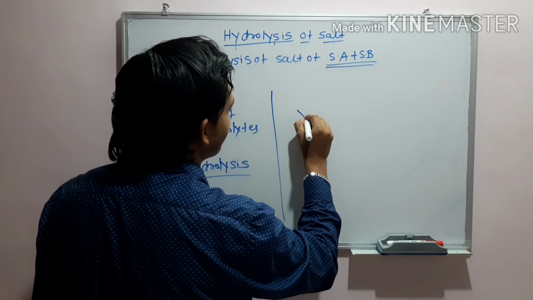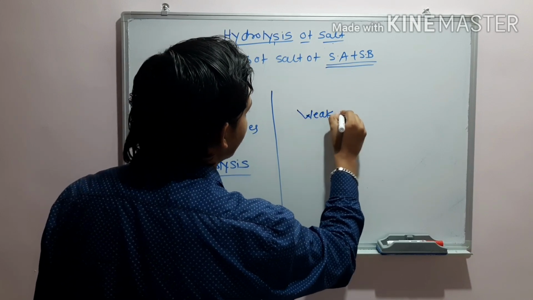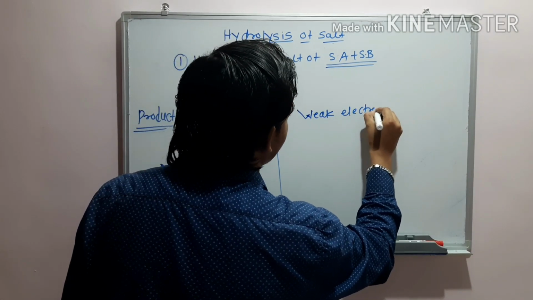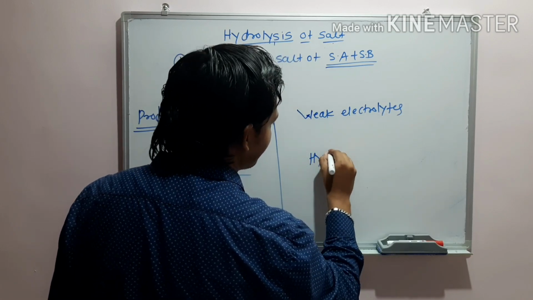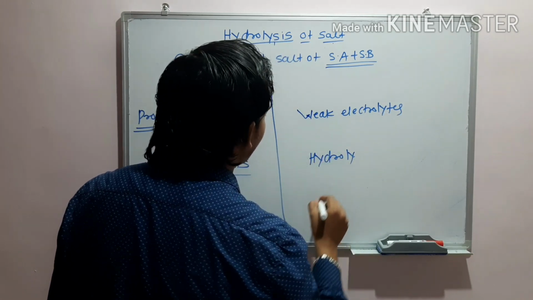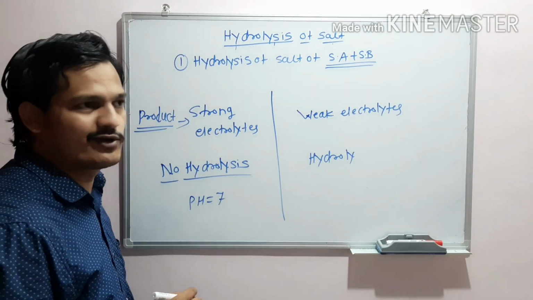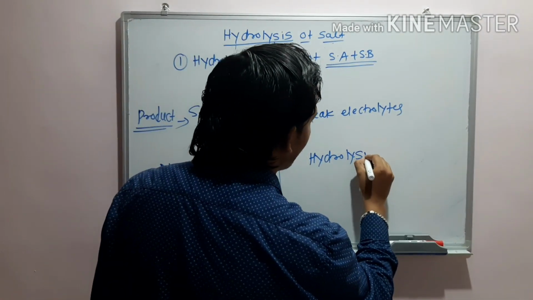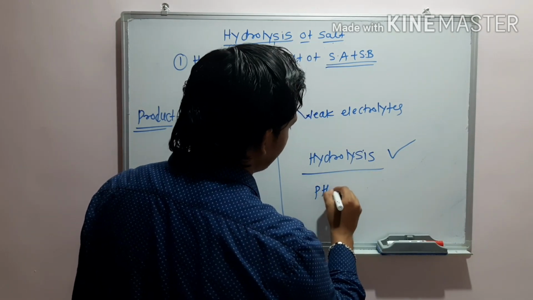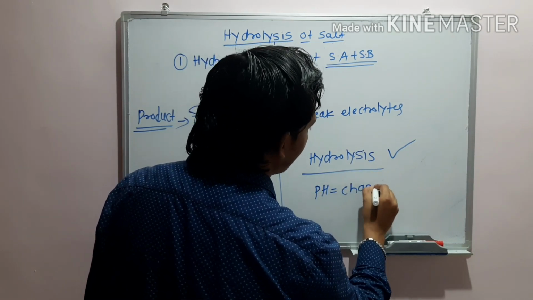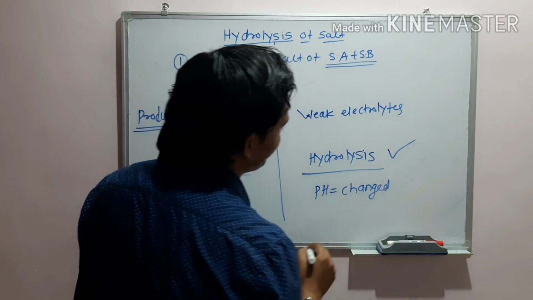If the product is a weak electrolyte, hydrolysis definitely takes place, because in this chapter we have to study only weak electrolytes, not strong electrolytes. Hydrolysis definitely takes place and pH will be changed depending upon the salt. It will be acidic, basic or neutral.